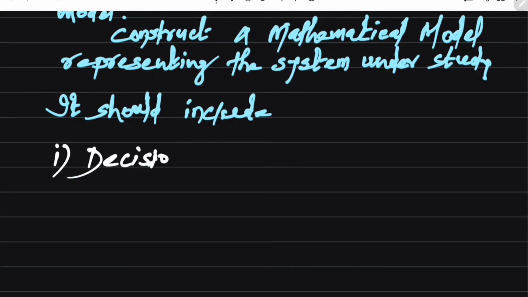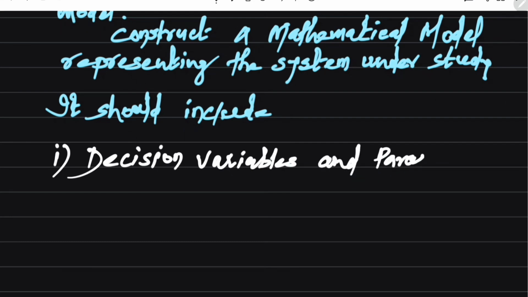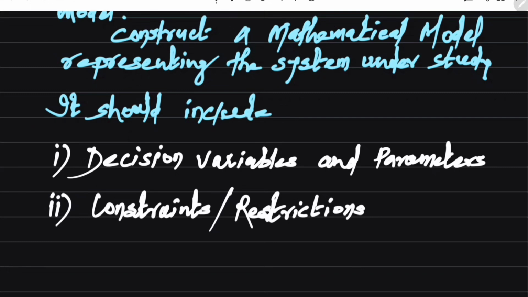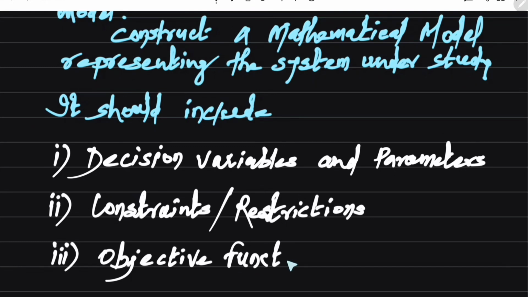Decision variables and parameters, first point. Second, constraints or restrictions for those variables. Third point, objective function, either to maximize the profit or to minimize the cost.